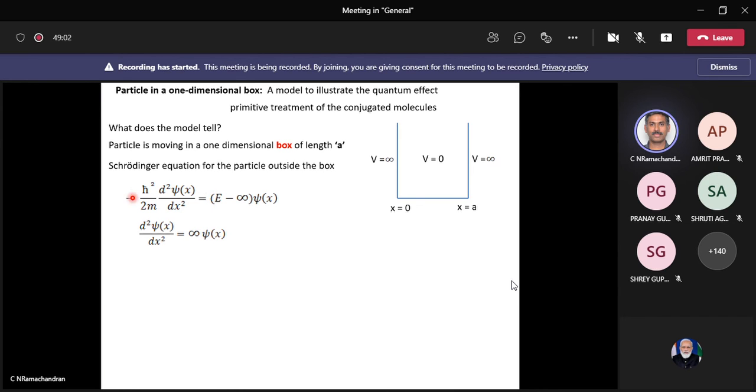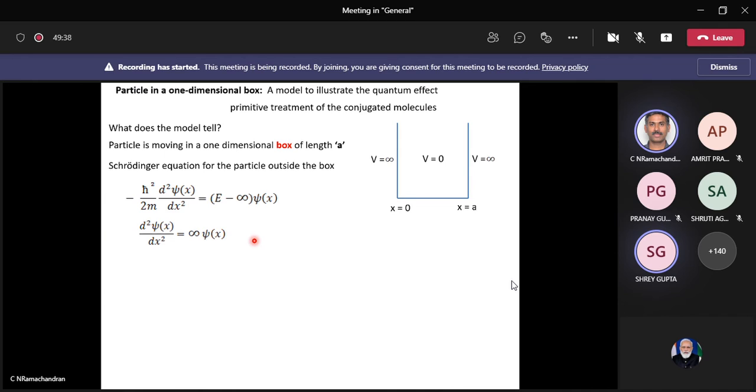Simple mathematics lets me drop the minus signs and move terms to the other side, but what is the use? You are multiplying infinity with h cross square by 2m, and that is again infinity. Whatever you multiply with infinity, it will be infinity. There will be some difference, but compared to infinity, with respect to that we can consider it as infinity. So this equation is d square by dx square of psi of x equal to infinity times psi of x. We got that.